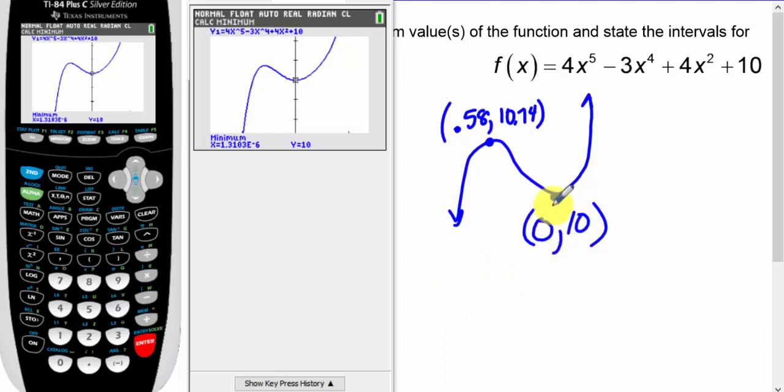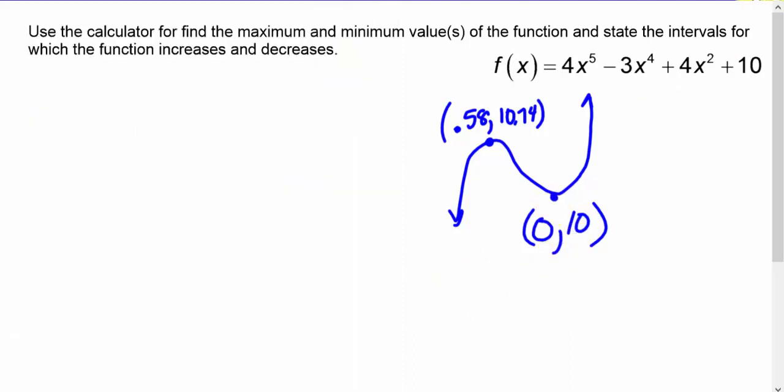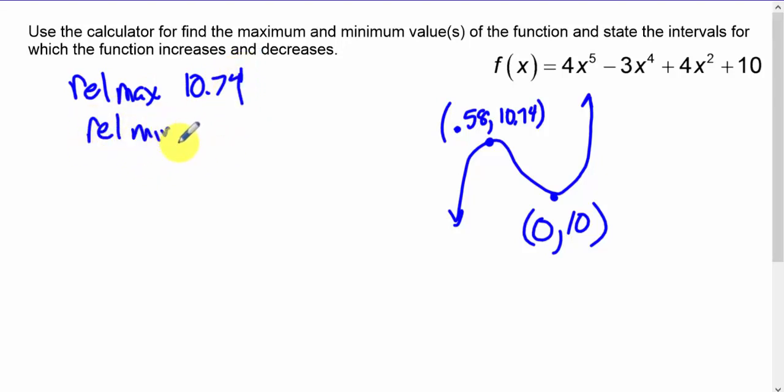Now I can go ahead and answer the question. So it asked me to find the maximum value and the minimum value: rel max at 10.74, rel min 10.